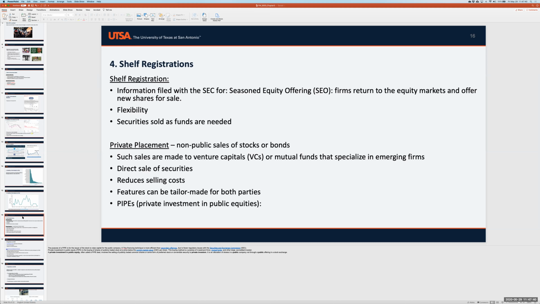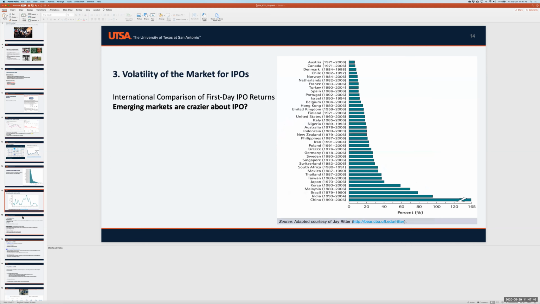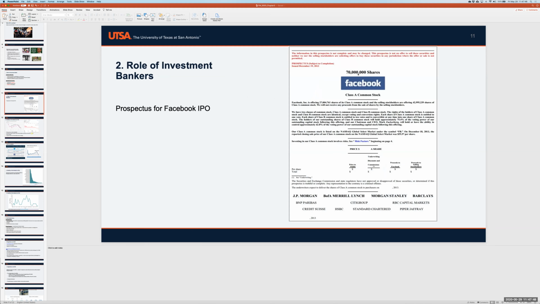If you go back to the Facebook example, you remember they sold 70 million shares. So when Facebook wants to sell 70 million shares, first they need to register these shares in order to sell them to the public.